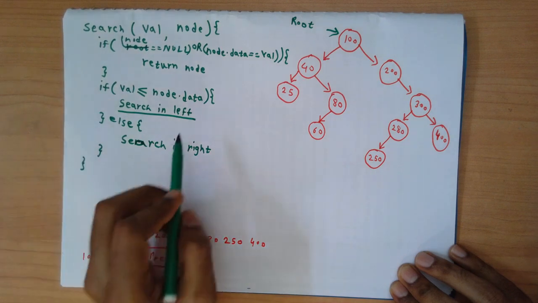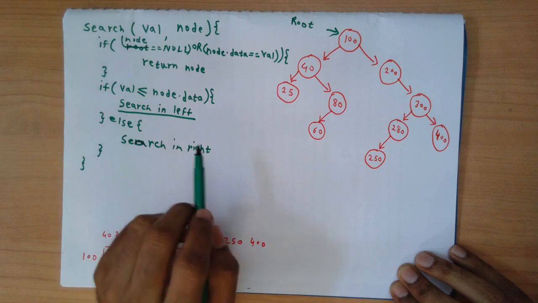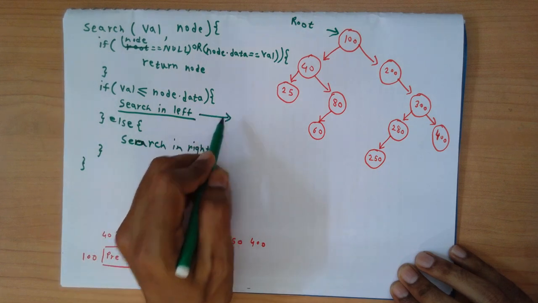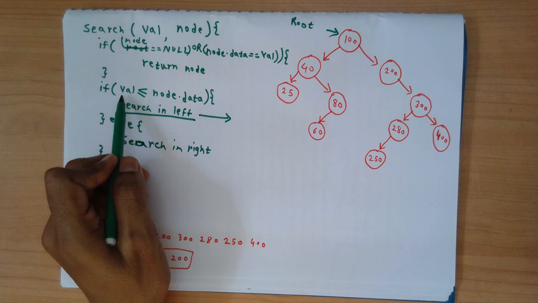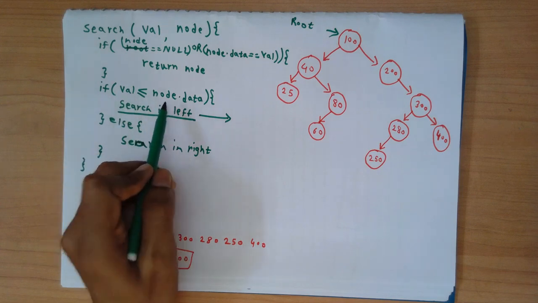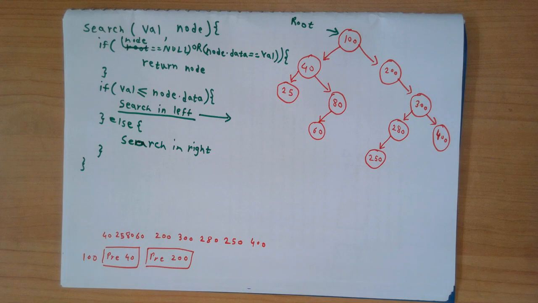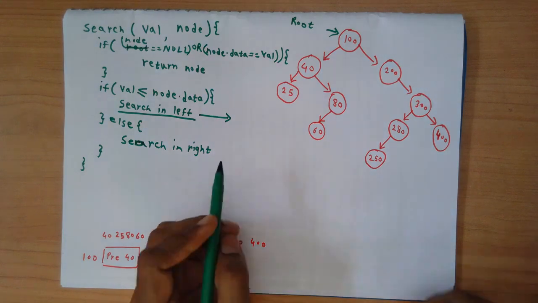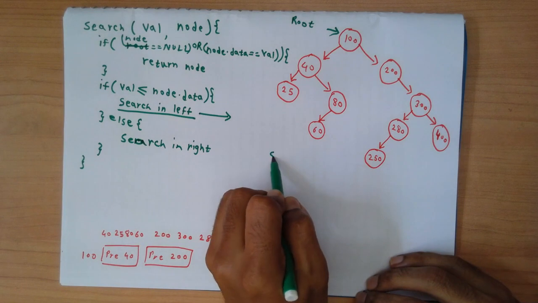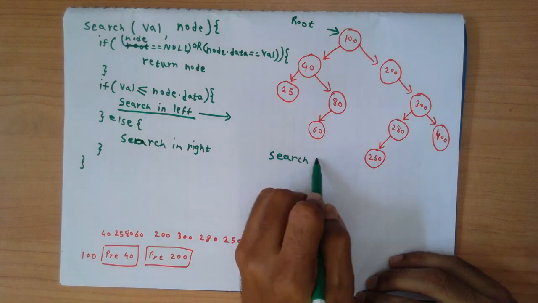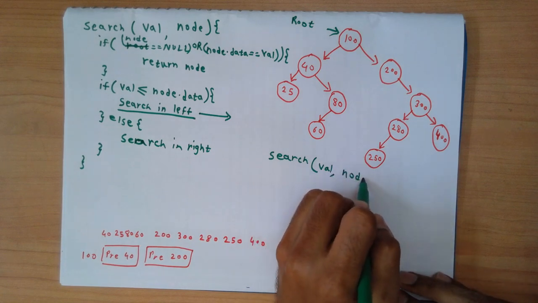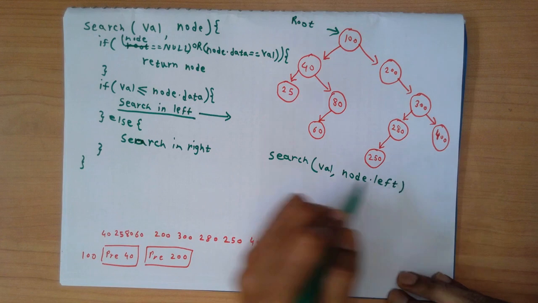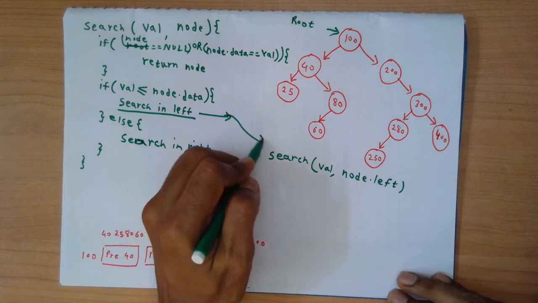Now let's clearly define what we mean by searching in the left. Searching in the left means that the value that I'm trying to search is definitely less than node.data, which means that I will perform the search operation with the given value, starting with node.left.